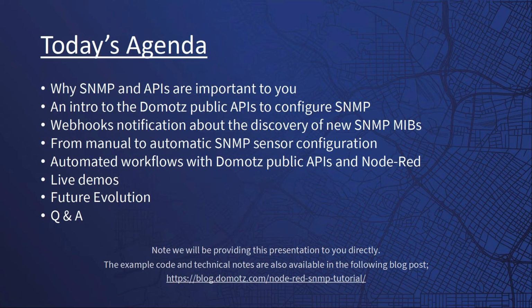We'll recap and do an intro again of these APIs and how to configure SNMP. We'll look at the benefits of webhooks and how those get utilized. In fact, there's even a new webhook out there that I think you'll find interesting, especially as it relates to SNMP.